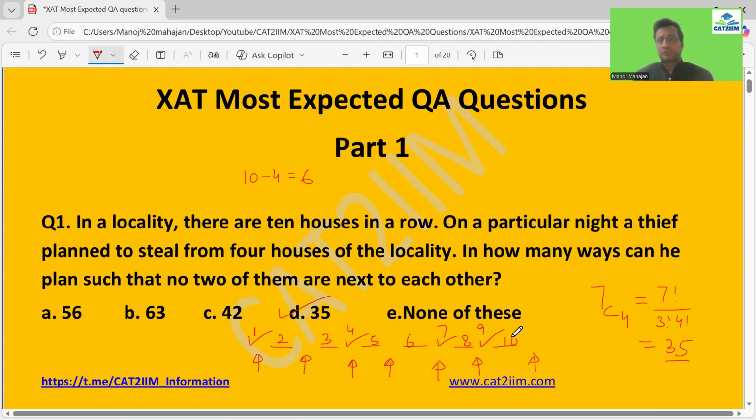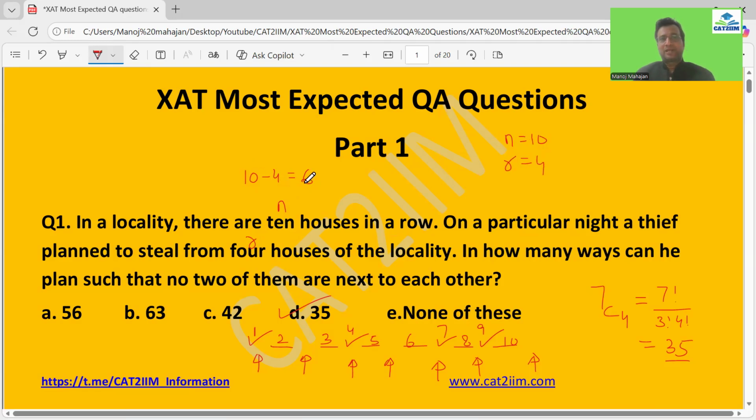So we'll make a quick shortcut out here. Let's say you have n houses, and you have to steal from R houses. Over here n was 10 and R was 4.